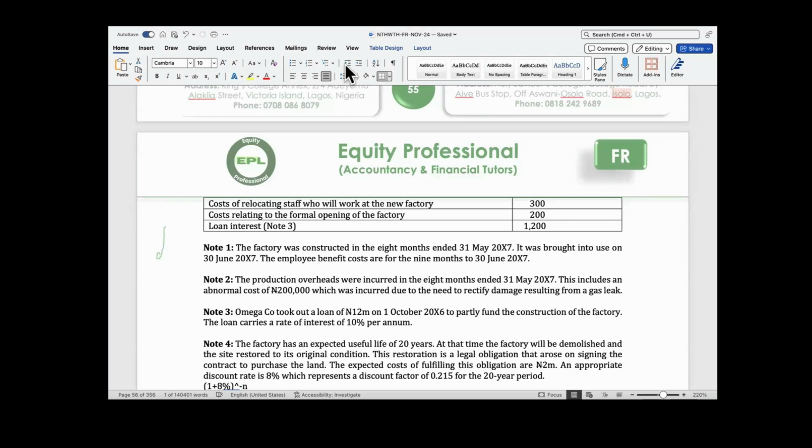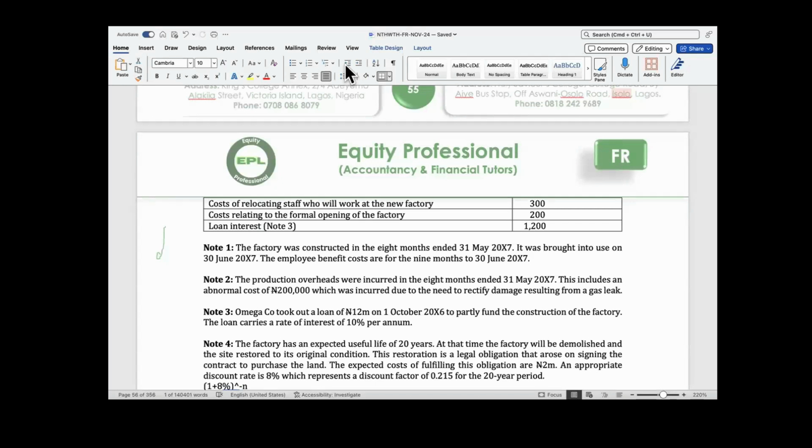Because later, when I'm teaching you depreciation, I will introduce the matching concept. As accountants, we want you to recognize an item as expense when you can match it with a revenue, with an income.